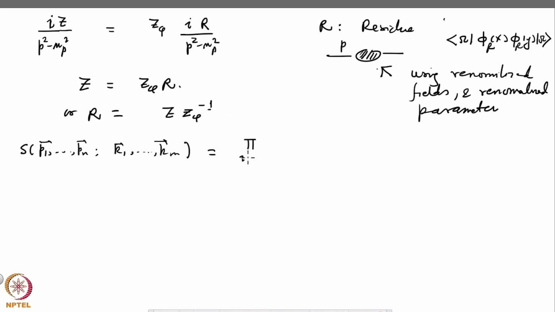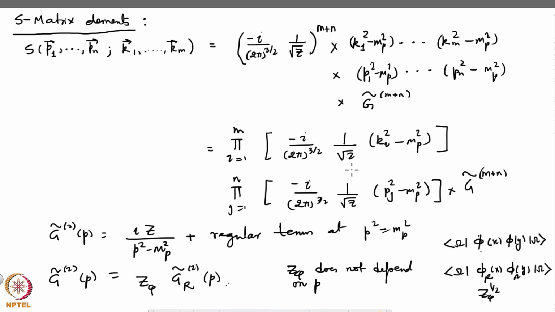So I have the product i equal to 1 to m of minus i over (2 pi) to the 3 halves, times 1 over square root of Z, times k_i squared minus m_p squared.